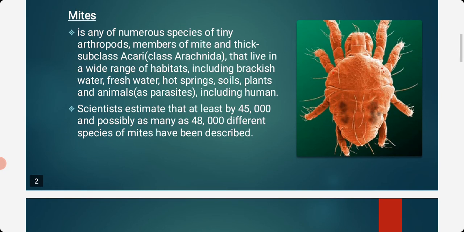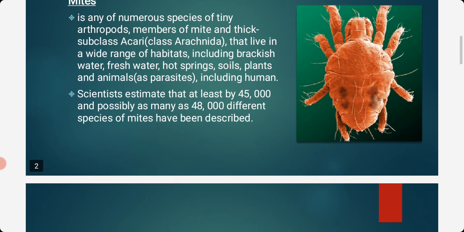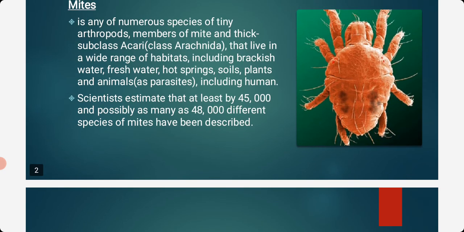So, yung mga mites, they live in a wide range of habitats na pwede silang manirahan dun sa water, freshwater, hot spring, soils, plants, at as parasites in humans or in animals.